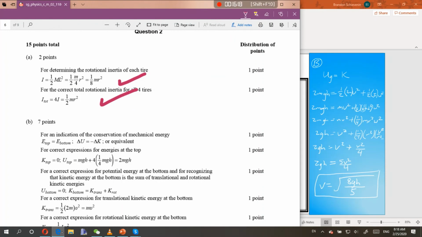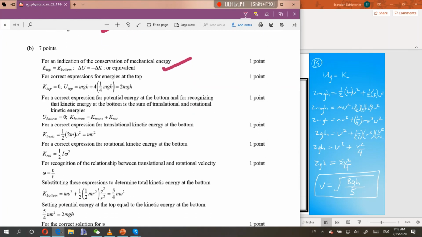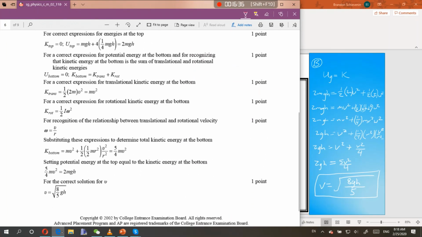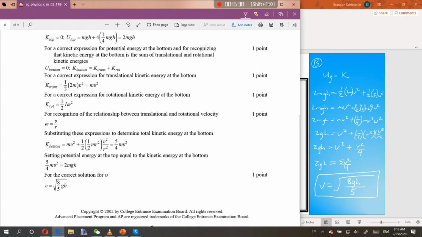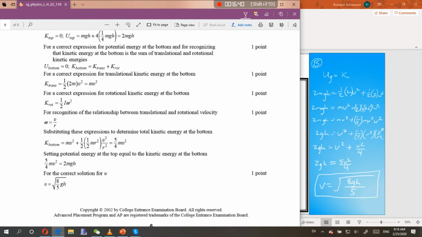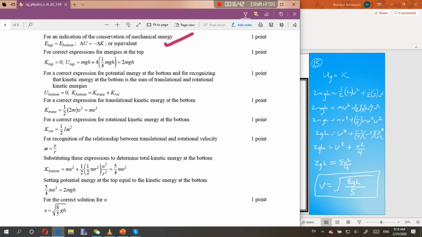Okay, U is equal to our kinetic energy. So 2mgh equals... Okay, that's not the same method we did, but we do end up with the same result.